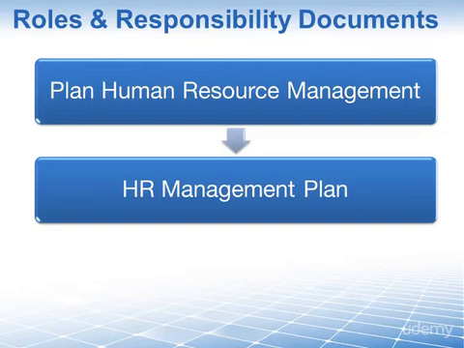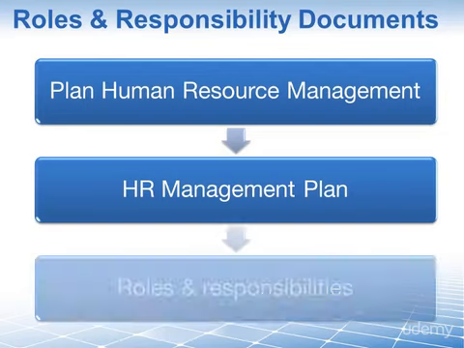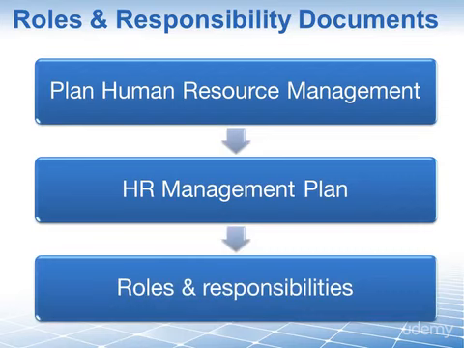And within this plan, we are going to be describing roles and responsibilities on our project. This is done in text-oriented formats where we just simply take a text document and describe roles and responsibilities of resources, usually resource types and resource categories on our project.